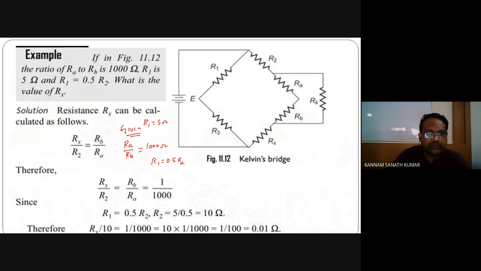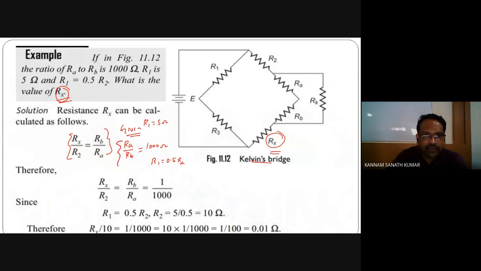So he is asking to find the value of unknown resistance Rx. So this is the Rx. He is asking to find the Kelvin bridge. So from the Kelvin bridge, he is asking to find out the unknown resistance. So from the relation, you have the relation now Rx by R2 equal to Rb by Ra.